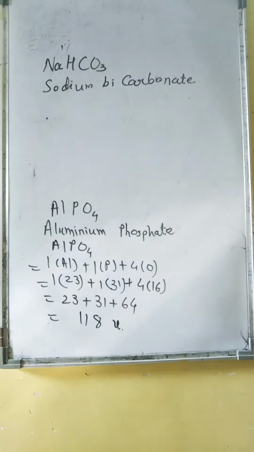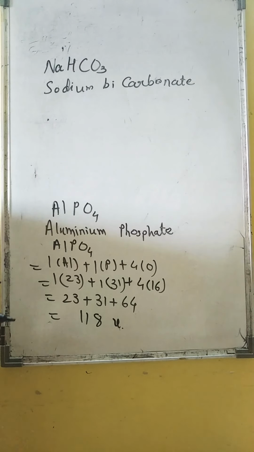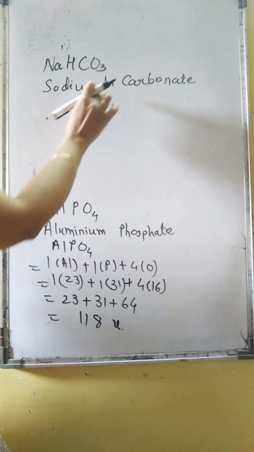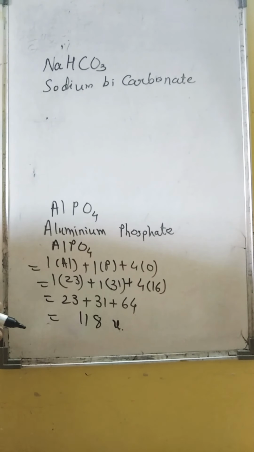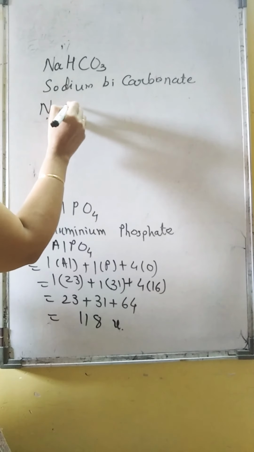We have sodium bicarbonate. H stands for bi. Okay. If it is Na2CO3, it will be sodium carbonate. As you have NaHCO3, H you say bi. Sodium bicarbonate. So how it will be, children?